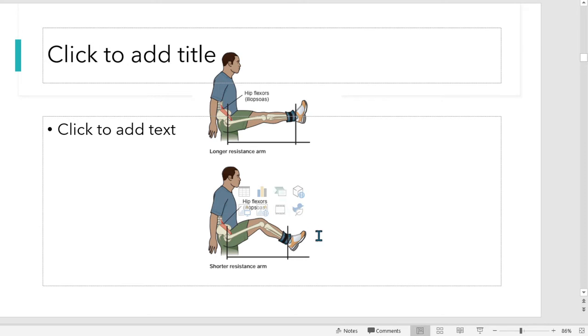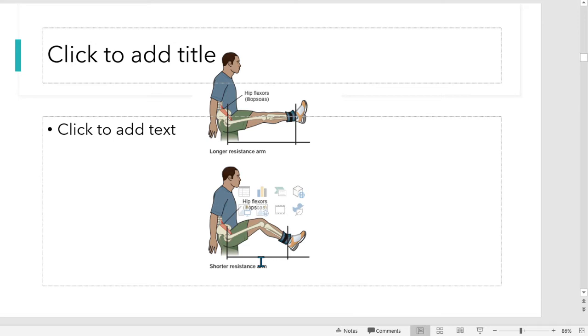So the relationship between the resistance arm and the effort arm, or the amount of force needed to lift the leg, is inversely proportional. So the longer the resistance arm, the greater the force that is needed to lift the leg. Directly proportional rather, not inversely. Sorry for that.